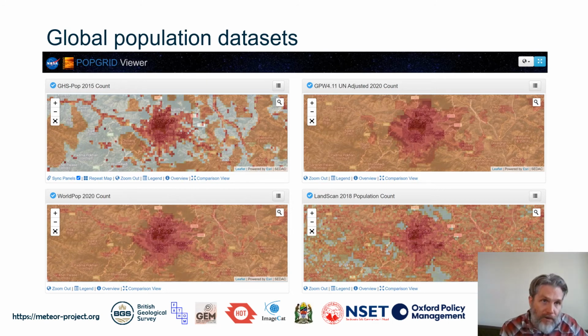And all these other ones, the GHS, WorldPop, and Landscan, represent different methods of doing that interpolation. You can see in some places where there hasn't been any indicators of human development, they've essentially interpolated that very, very evenly to a low number, or you can use the word smeared rather than interpolated.